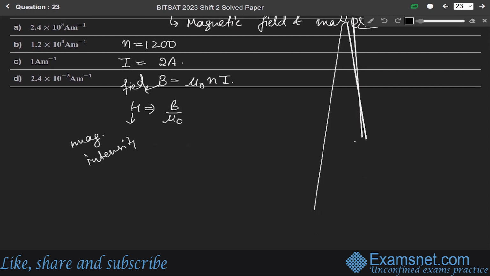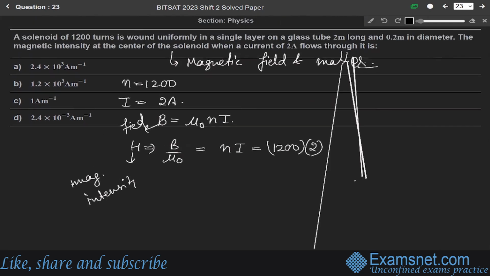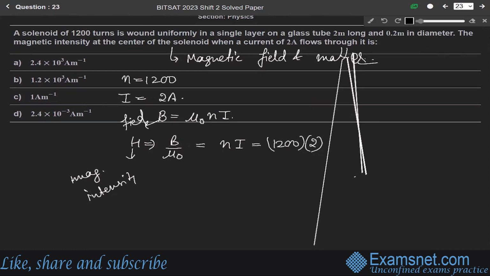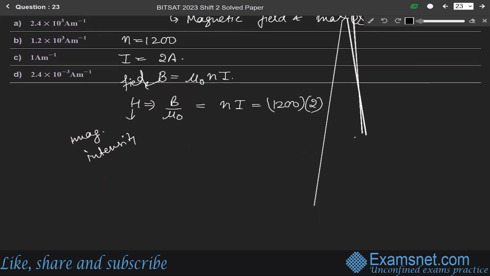So it will be equal to B over mu naught, which means n into I, where N is given as 1200 and I is 2 ampere. And the glass tube is 2 meter long and 0.2 meter in diameter.